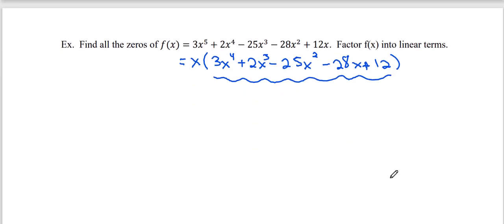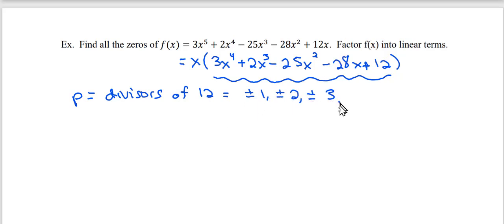Let's try our rational zeros theorem. So P would be divisors of 12, which would be plus or minus 1, plus or minus 2 divides that evenly, 3 divides it evenly, 4 divides it evenly, and 6 would divide it evenly, and 12 divides evenly.